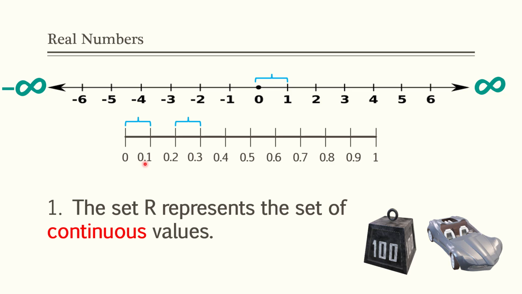These are the use cases or scenarios where we use continuous values, and we use real numbers to represent these weights, speeds, and such. Okay, so there are two things we will remember about real numbers: they can be expressed on a number line, and they always represent a continuous value, the set of continuous values.